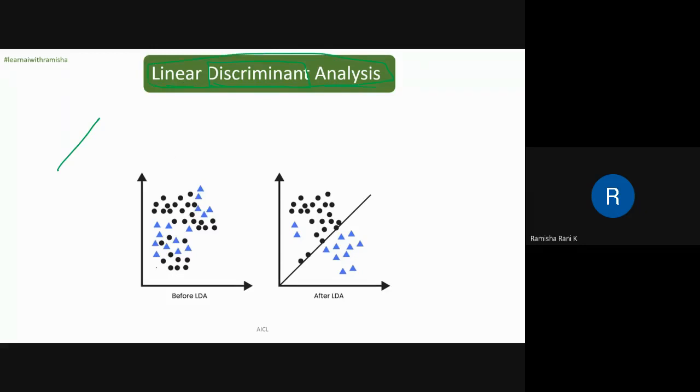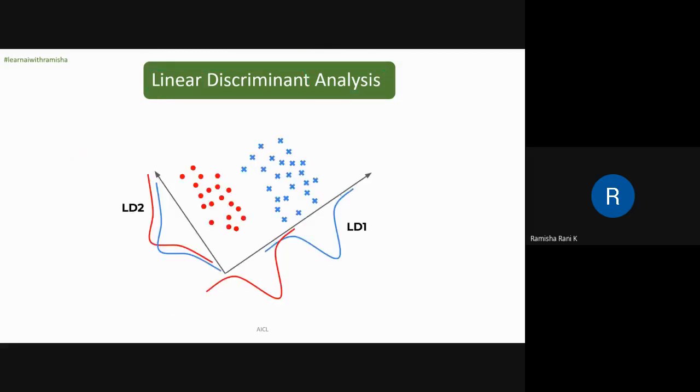Here you can see this is before LDA and this is after LDA. Based on this regression line, it got segregated. When it got segregated, this direction is going to be your LDA1. So LDA1 has the better segregation.